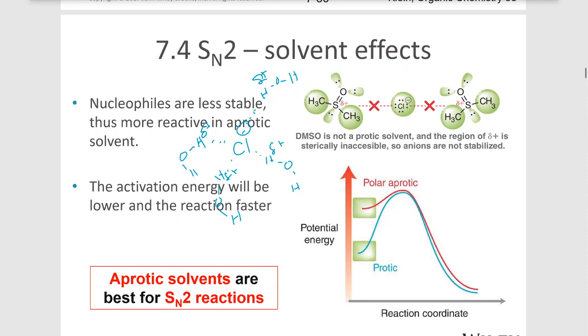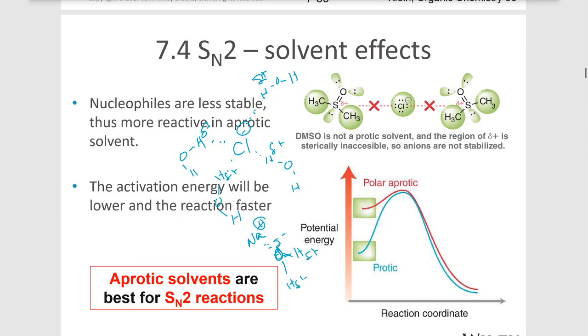Let's say that we had sodium chloride as our nucleophilic species, because we're going to dissolve sodium chloride. Chloride's going to be our nucleophile. The positive charge is also stabilized by the water, the partial negative end of the water, the oxygen end.